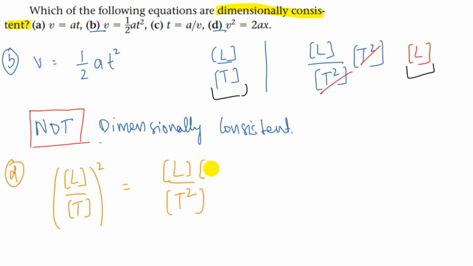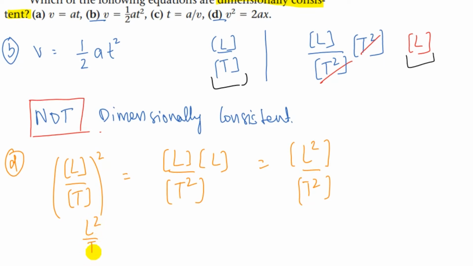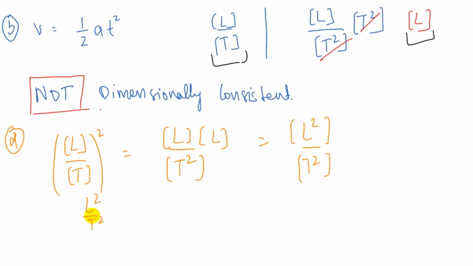So the dimension for distance we have L. So that would become L squared over T squared. This would be the dimension for the right side of this equation, and the left side also is L squared over T squared. So the dimension of the left side of this equation is equal to the right side. Therefore we can write that this equation is dimensionally consistent.